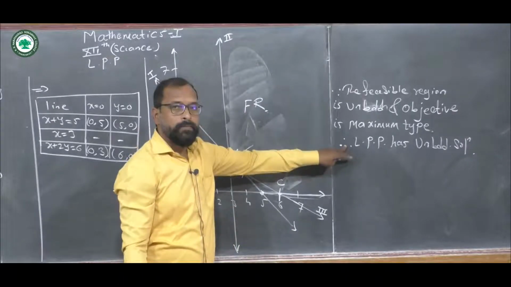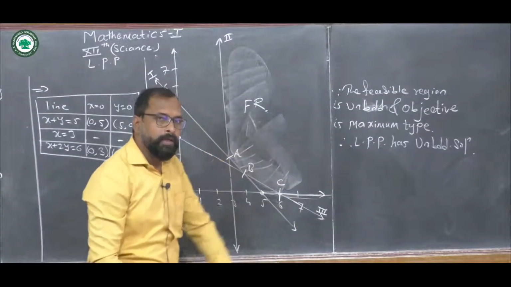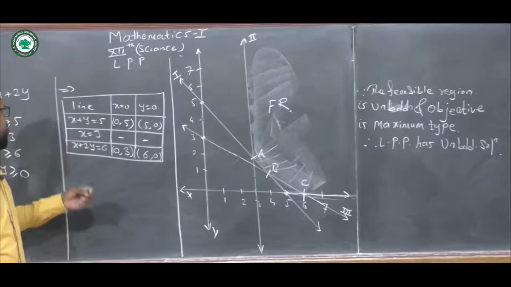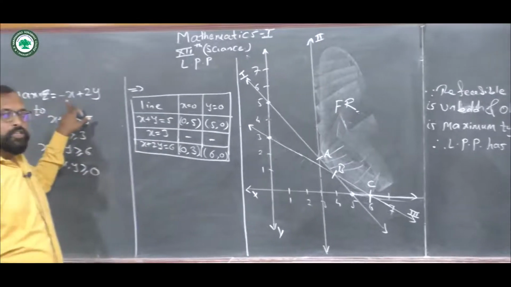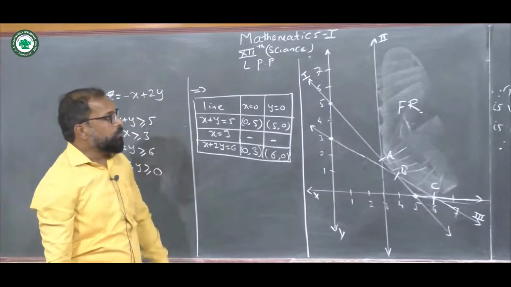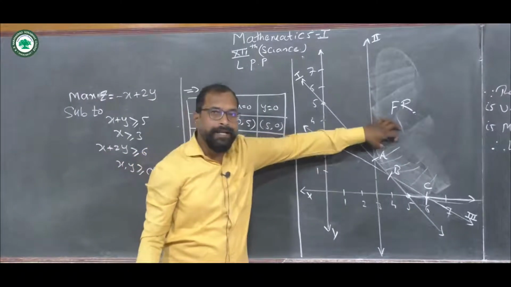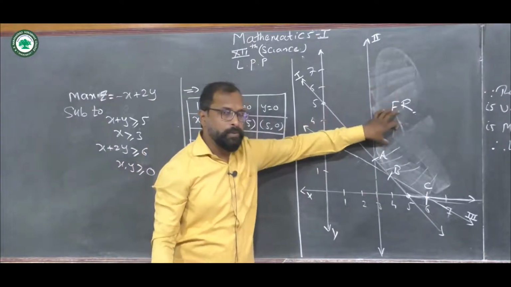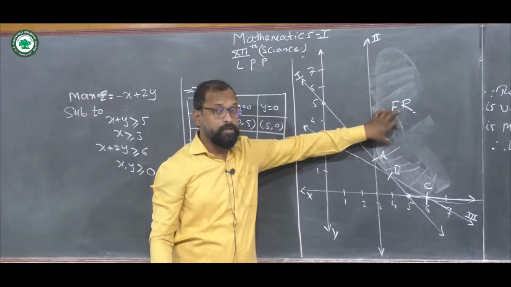So, remember one thing, whenever the objective function is of the type maximization and the feasible region obtained is unbounded, it is very important.